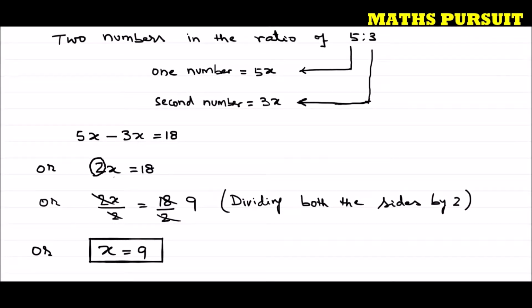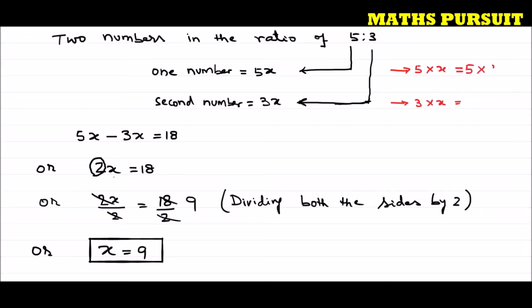What we considered initially? We considered one number is equal to 5 into x and the other number as 3 into x. That means we got the value of x as 9.